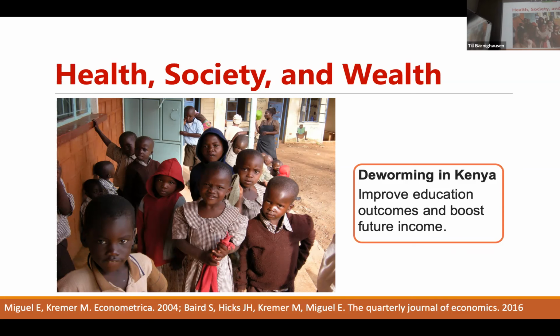And the researchers followed these children for more than a decade and found that it can also boost their future income. It was written by Professor Edward Miguel and Professor Michael Kremer, and they published these two famous articles in the economic literature.